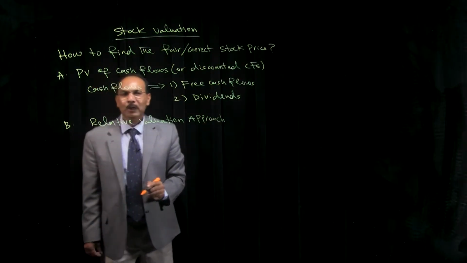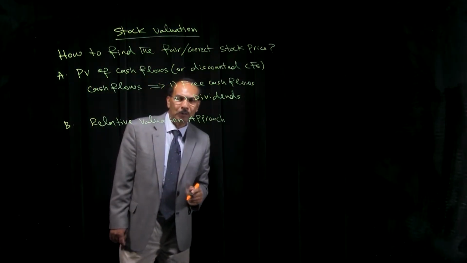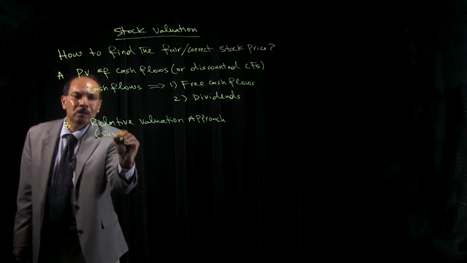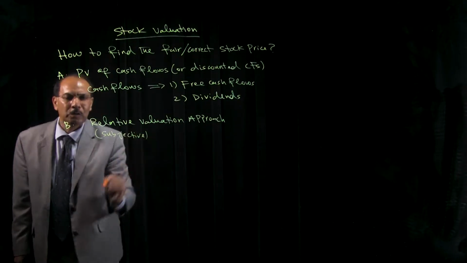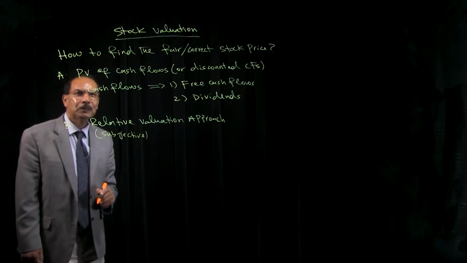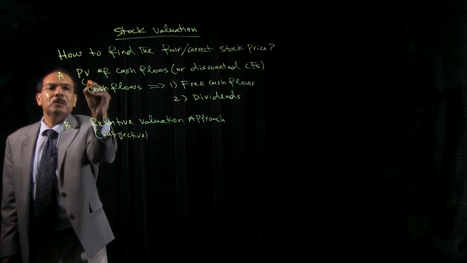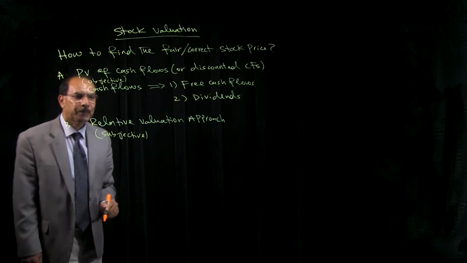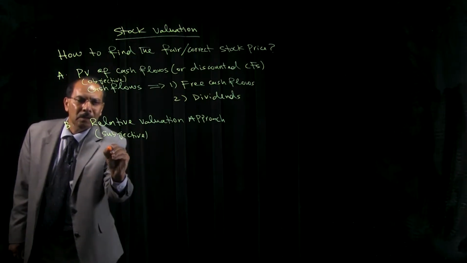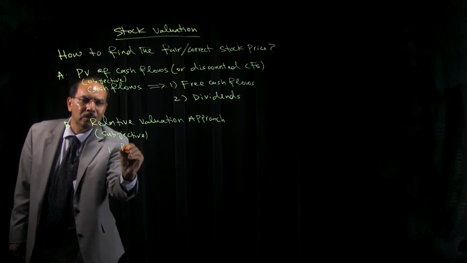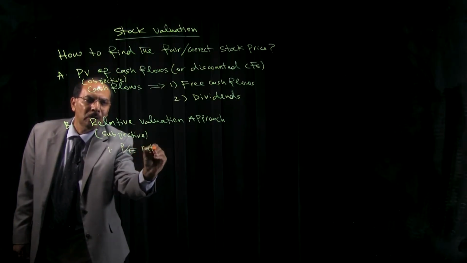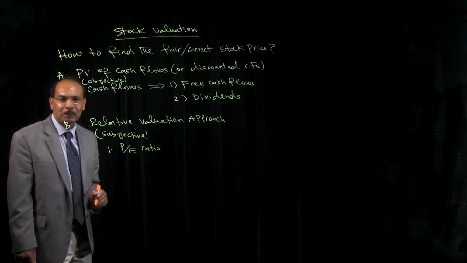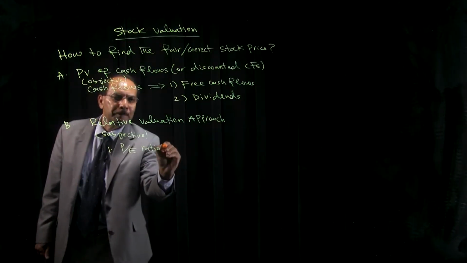A second approach to valuing stock is known as the relative valuation approach. So this approach is actually subjective. This one is going to be objective based on numbers. And the most famous approach under the relative valuation approach is going to be the price-earning ratio model.